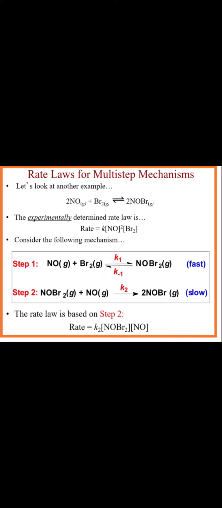From that, the second step is the rate determining step, that is the slow step, which involves NOBr2 plus NO forming twice NOBr. So it is involved in the rate determining step, which is the slow step.